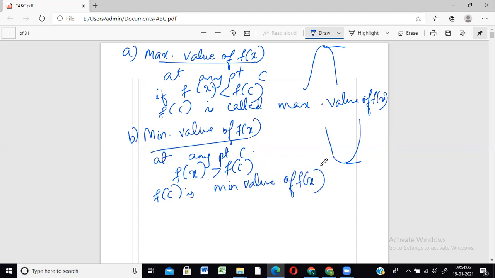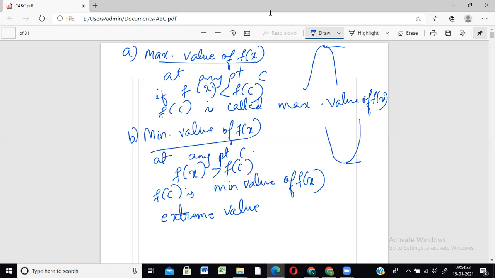One more note: maximum value and minimum value are also called extreme values of the function.